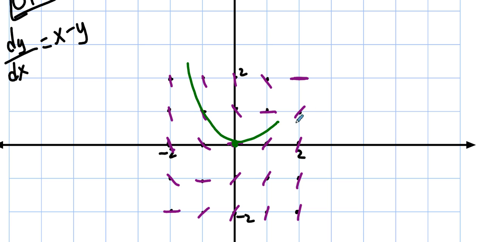And then it looks like this line is a slant asymptote. And so we'd approach like so. And this helps us see what the solution curves look like. It looks like the solution curves look like this. But coming from the other side, it looks like the solution curves just come straight.